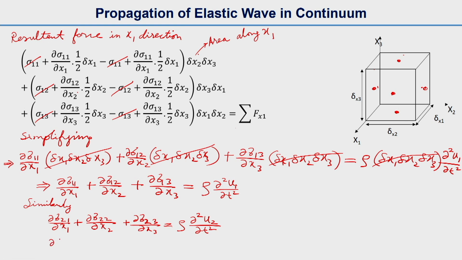And partial of sigma 31 with respect to x1, plus partial of sigma 32 with respect to x2, plus partial of sigma 33 with respect to x3, equal to rho multiplied by the second partial of u3 with respect to time.